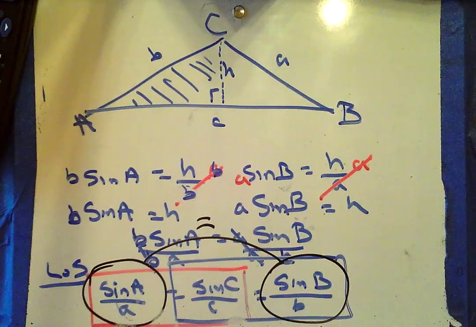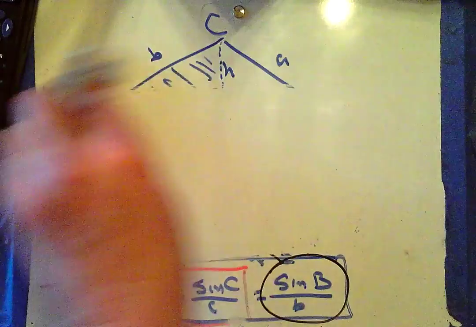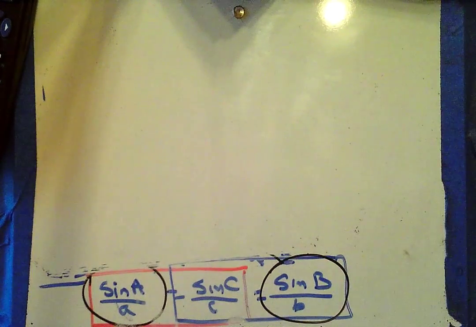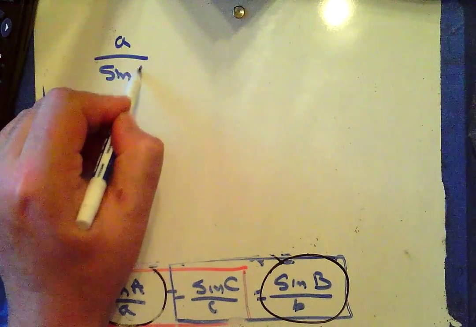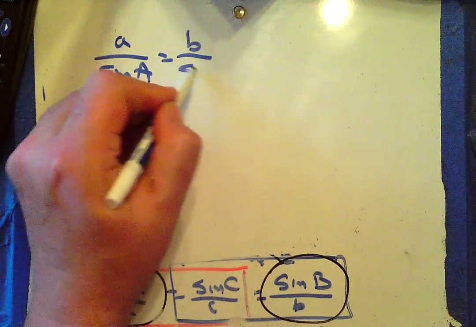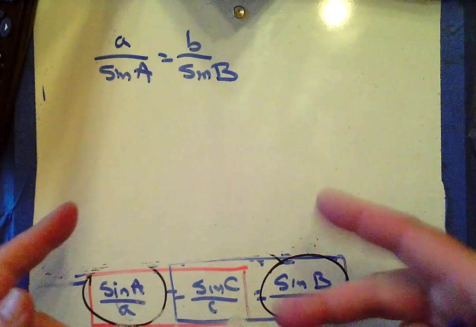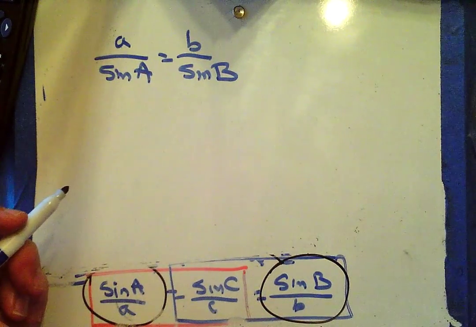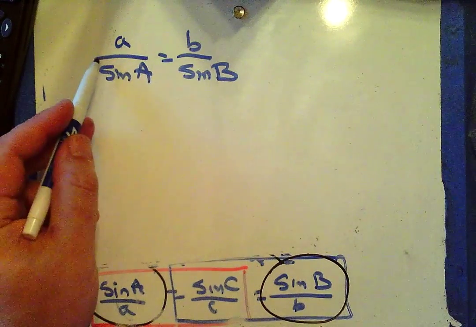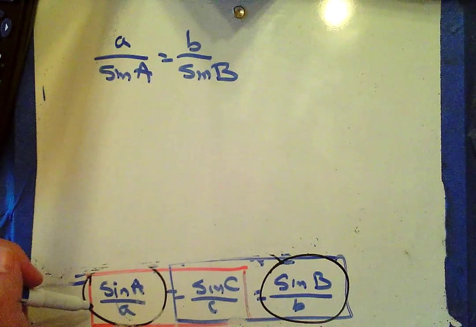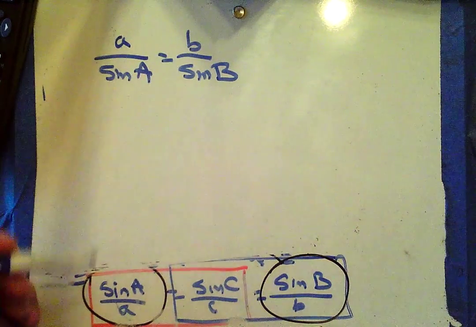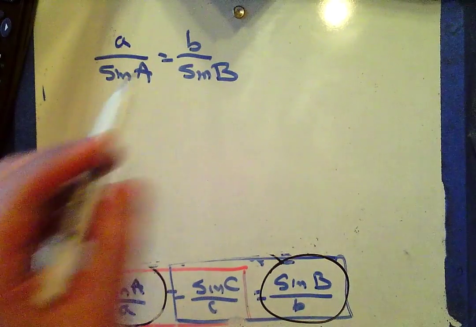Okay, so, one other thing. Sometimes we see the law of sines written this way, the way I derived it for you, and you don't have to worry about deriving it on your own. Just know the formula. But sometimes we've got a over sine A equals b over sine B, where everything is flipped upside down. Why would I want to use this one instead of this one? Well, there's no requirement that I must use this in these cases, or I must use this in these cases.